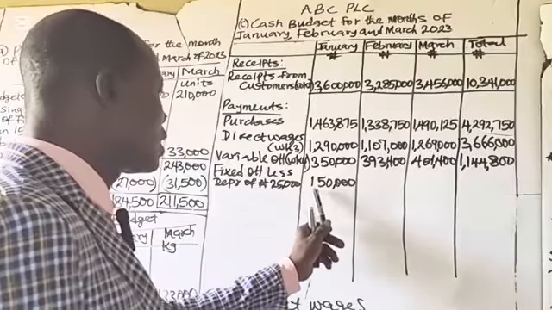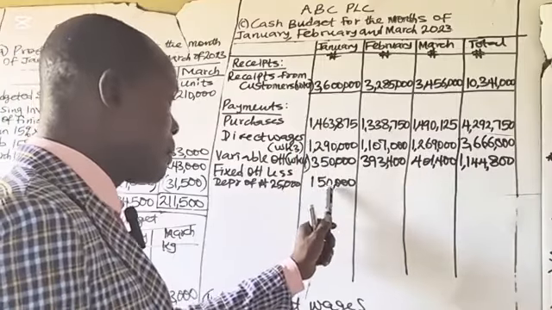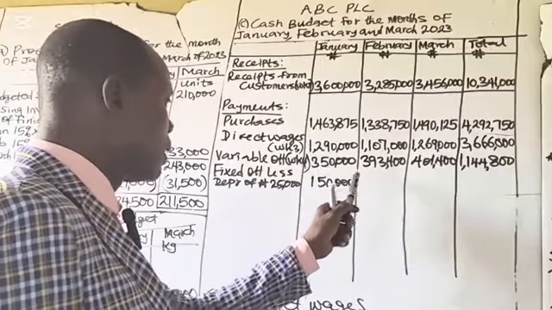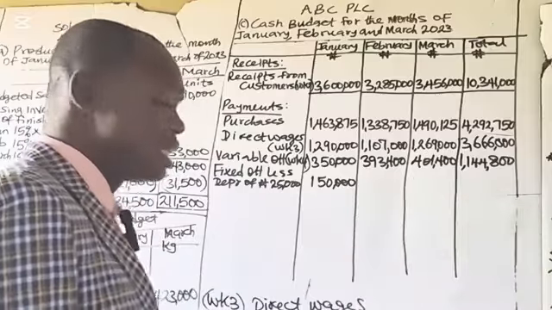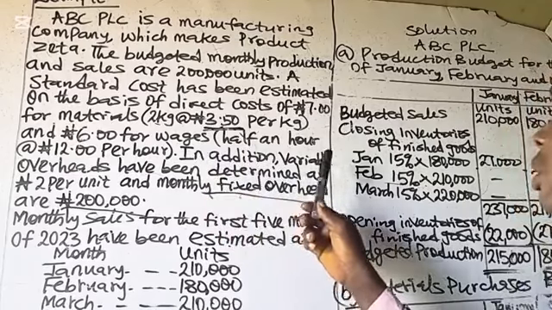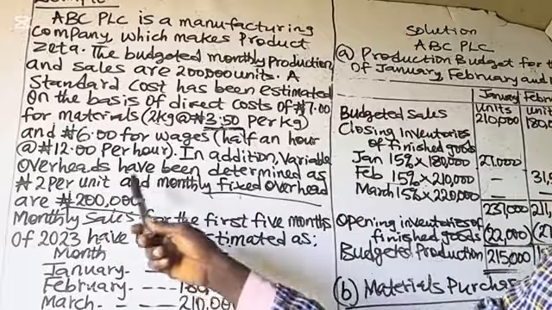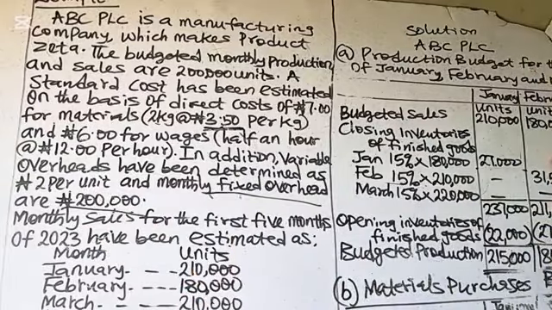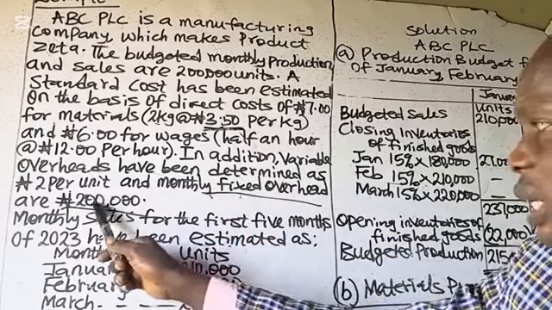So how much is the fixed overheads cost incurred in January 2023? Remember, the amount incurred in January 2023 will be paid in February, and the one incurred in February will be paid in March, in that order. In addition, variable overheads have been determined as 2 naira per unit. Variable overheads have been considered. And monthly fixed overheads are 200,000 naira.